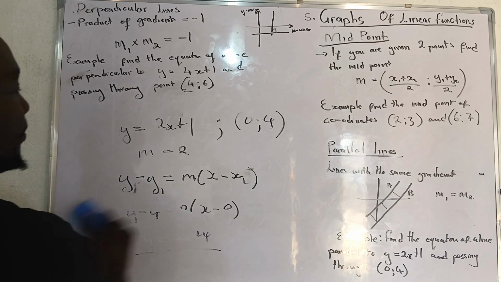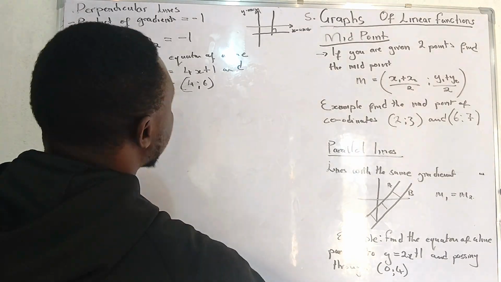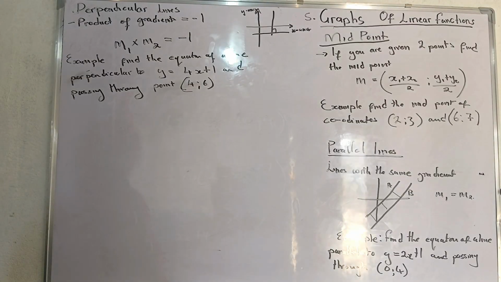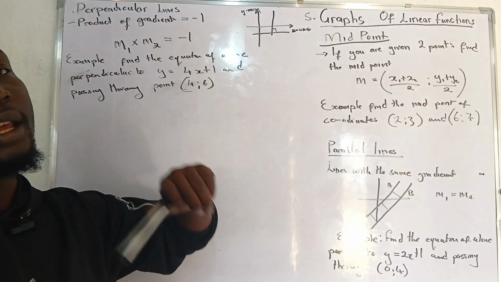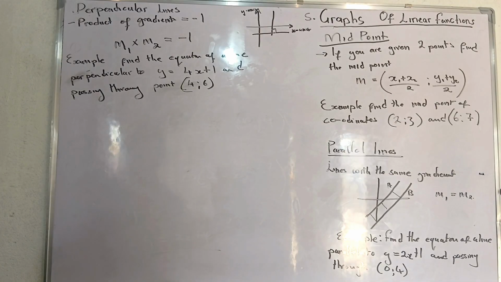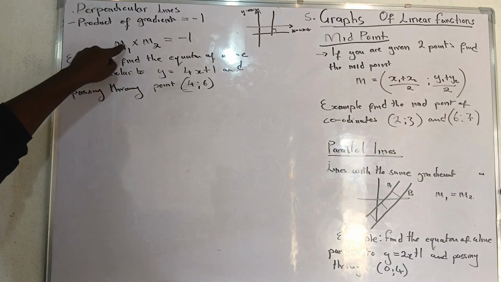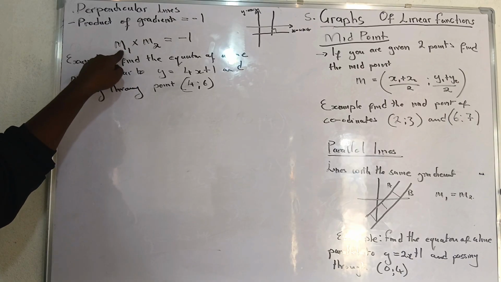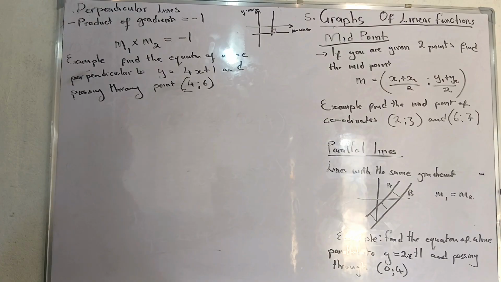Let's move to perpendicular lines. These are lines that meet and form an angle of 90 degrees. Their defining feature is that if you multiply the gradients of perpendicular lines, they give you minus 1. So let's do an example to prove this.